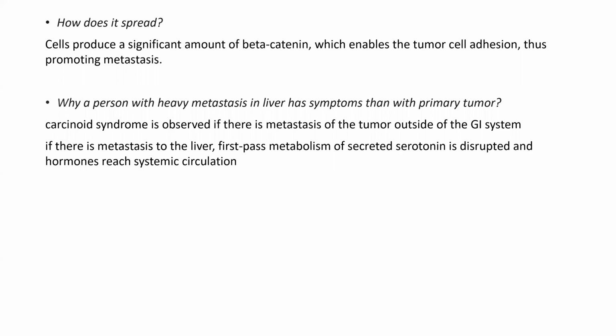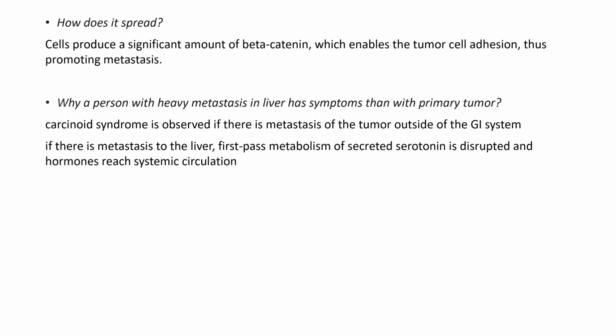So in carcinoid syndrome, the liver itself is able to degrade the substances of the tumor, preventing them from going to the circulation. But if the liver is affected by metastasis, it is hindered from metabolizing the 5-hydroxytryptamine and these other substances of the carcinoid tumor.